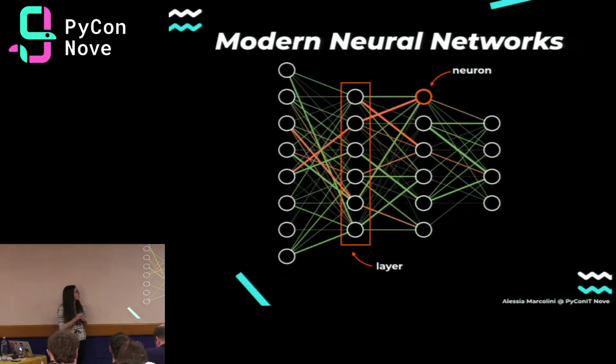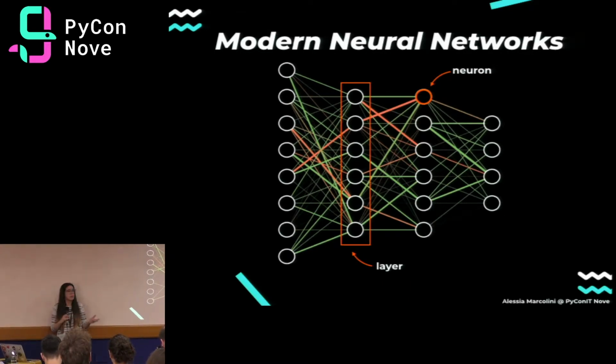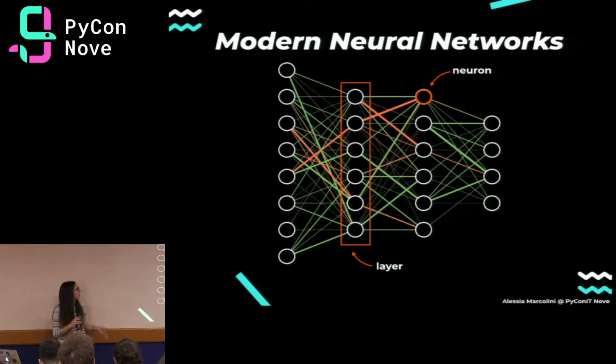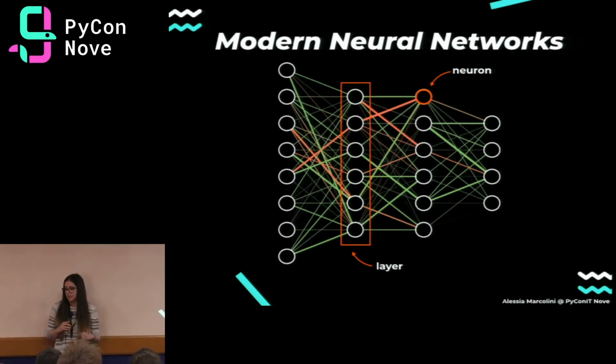This is what a neural network looks like. Every circle is a neuron, and the connections you see between the neurons are the weights. Each neuron has a set of weights, one for each corresponding input. Neural networks are composed of layers, and each layer is composed of one or more neurons.